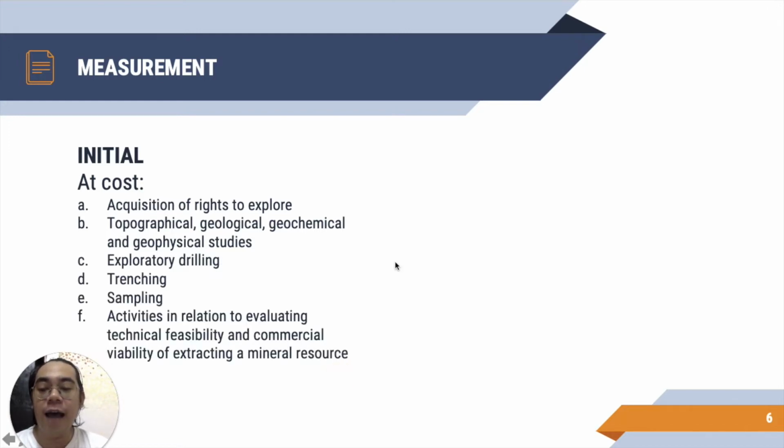So we have acquisition of rights to explore, topographical, geological, geochemical, and geophysical studies, exploratory drilling, trenching, sampling, activities in relation to evaluating technical feasibility and commercial viability of extracting a mineral resource. But take note that these are not exhaustive, meaning basta in relation siya sa exploration and evaluation, then that is included in the initial cost.